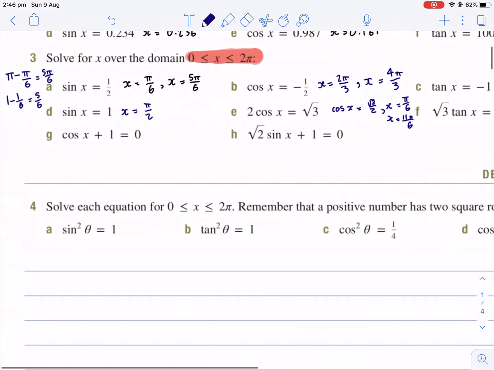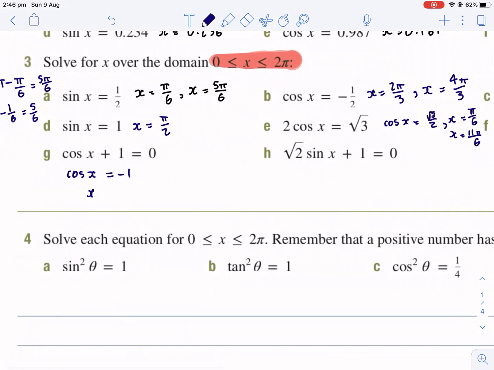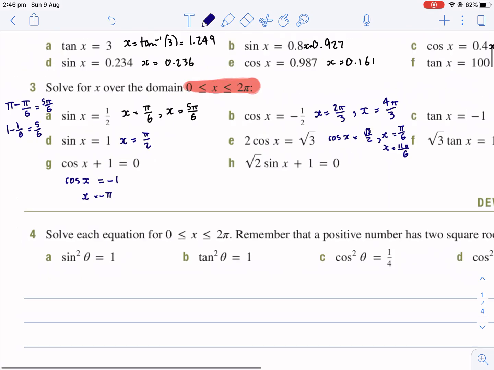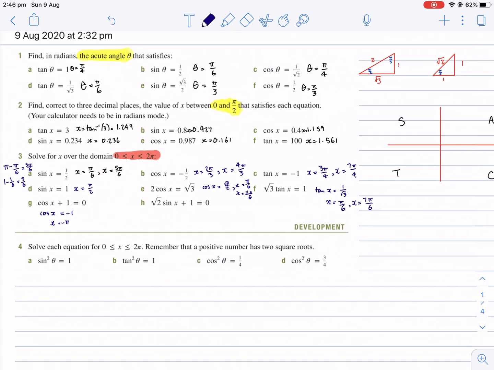Cos x plus 1 equals 0. This means cos x equals negative 1. For cos to be negative 1, we must be here. That's right, isn't it? Yep.